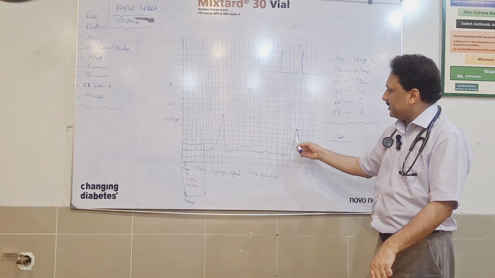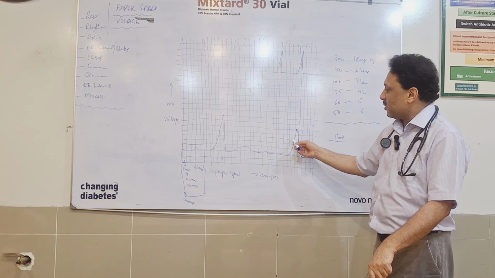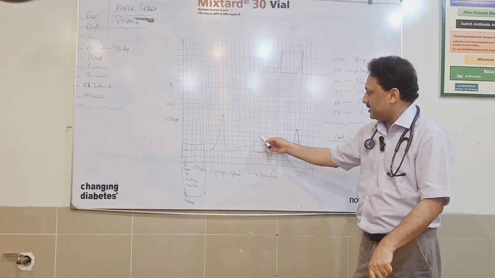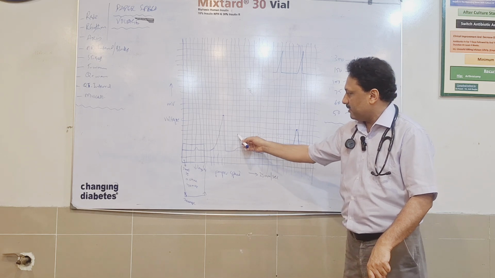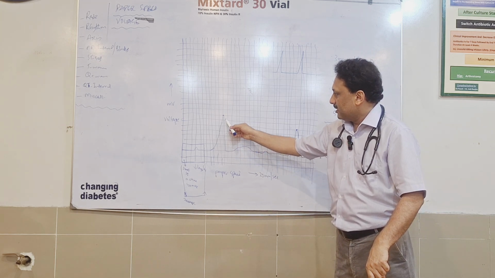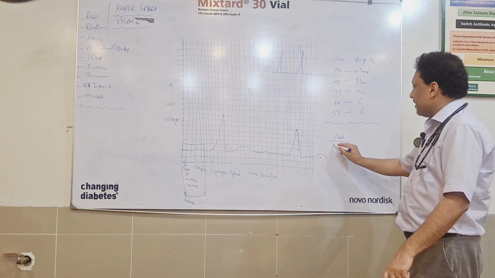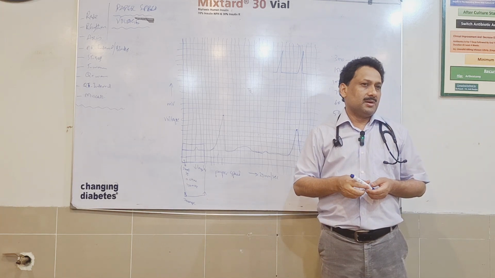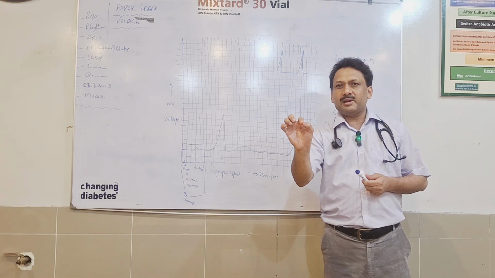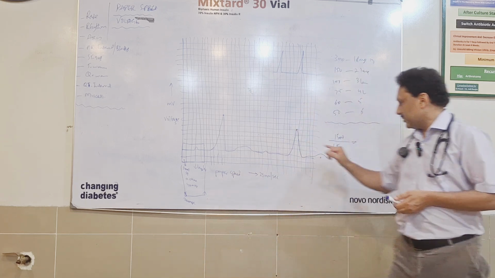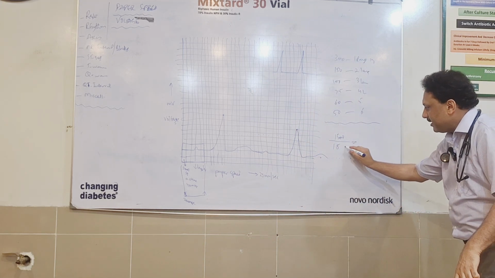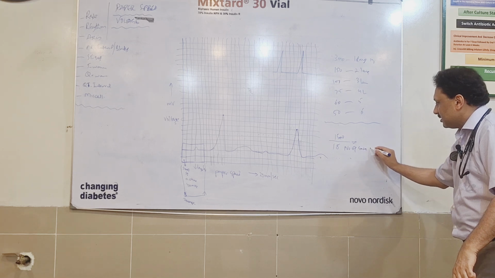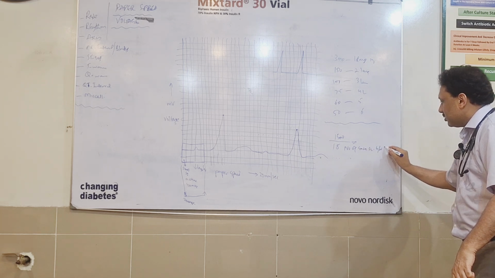So I need to calculate the small squares between these two R's. 1, 2, 3, 4, 5, 6, 7, 8, 9, 10, 11, 12, 13, 14, 15, 16, 17, 18. 1500 divided by 18, and that will be the rate. As simple as that. So you want to calculate the exact rate? Just 1500 divided by the number of small squares between two R's.